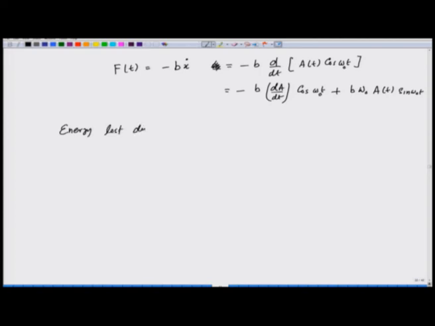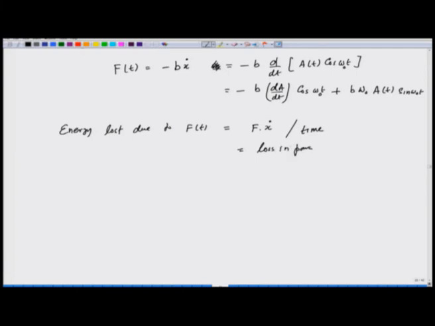So, energy lost due to F(t) is going to be equal to F times x dot per unit time. So, this is nothing but the loss in power.